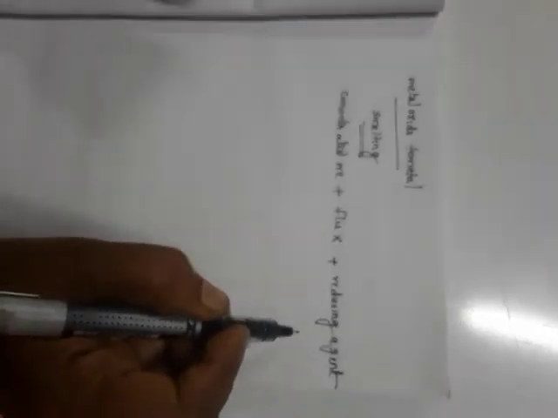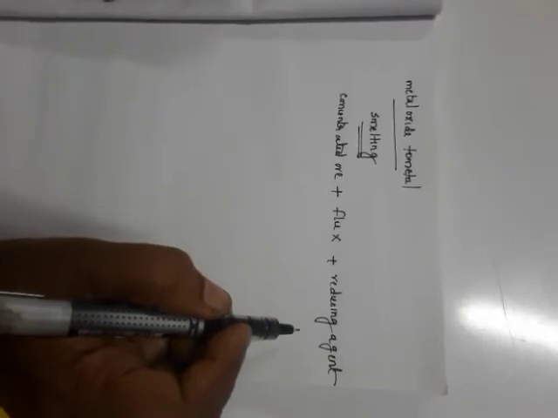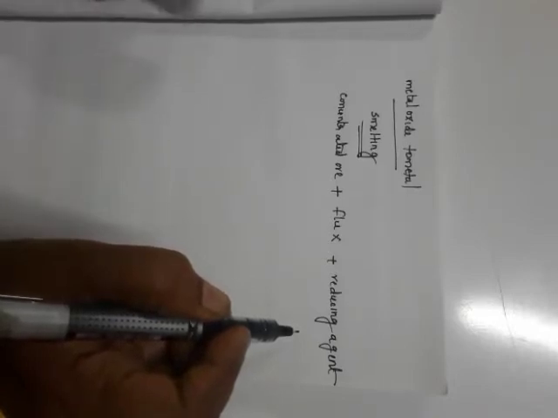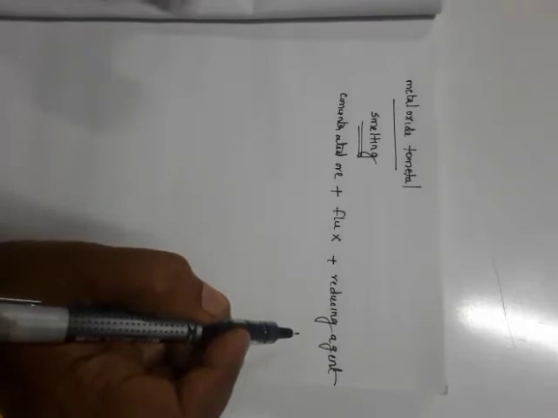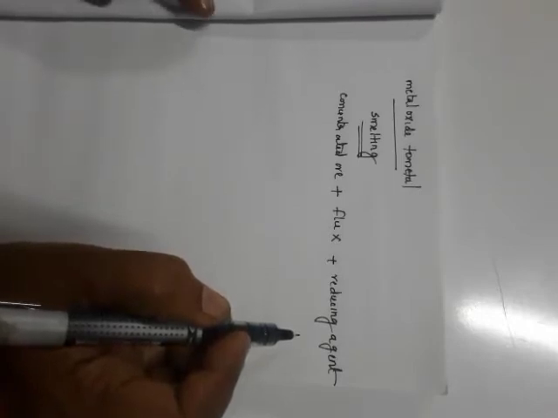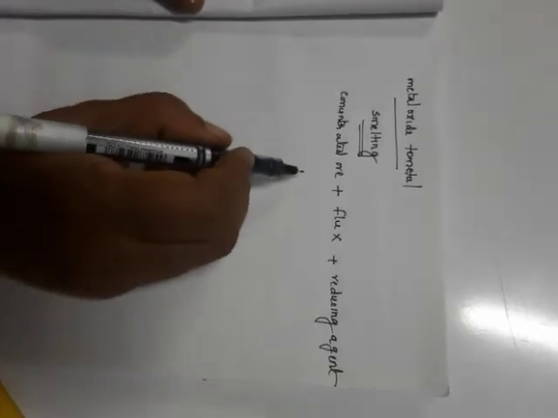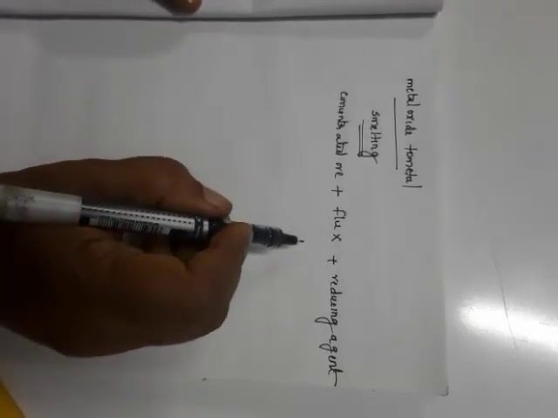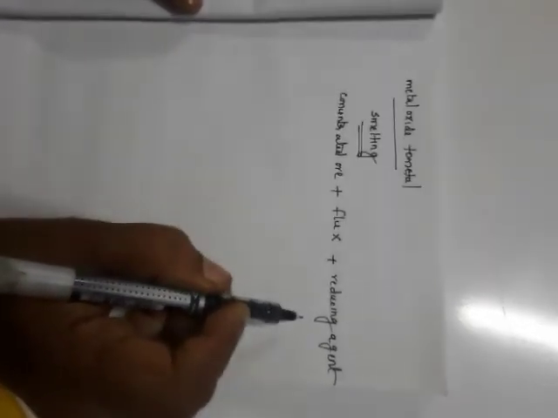A suitable reducing agent like carbon, carbon monoxide, hydrogen, aluminium, or reactive metals such as sodium, magnesium, etc. is taken. The selection of the reducing agent depends on the nature of the metal. So: the concentrated ore, flux, and reducing agent.